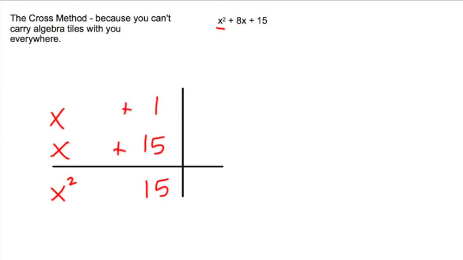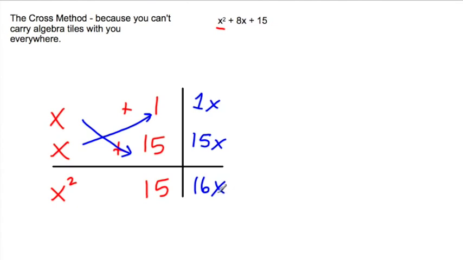Now here's the next step. I'm going to check my work. So what I'm going to do is a little cross multiplication here, and I get x times 1 is 1x, and x times 15 is 15x. So then what I do in this third column, I'm going to add them up, and I get 16x.